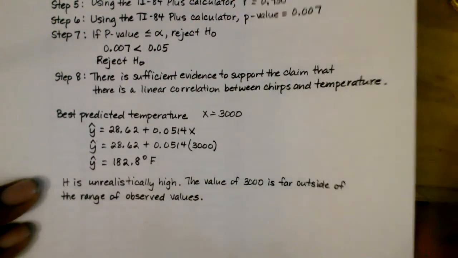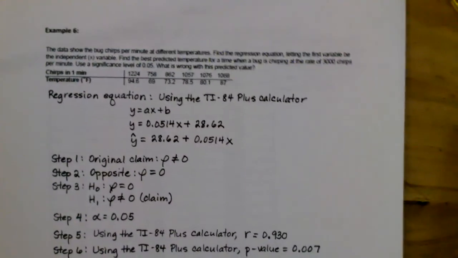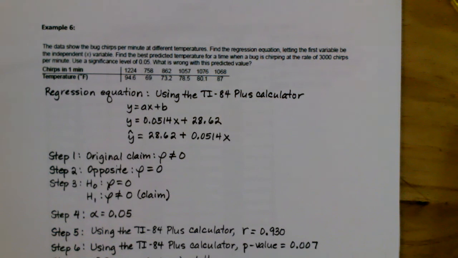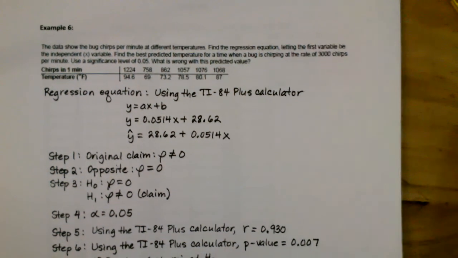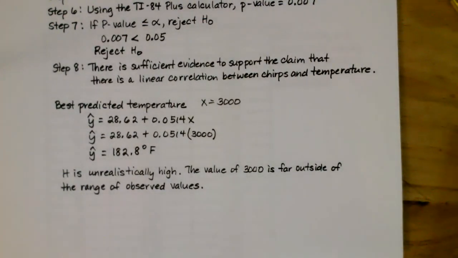Okay. Far outside. Because if you look at your data set, I'm going to bring this down just a bit. Notice that your data values, the smallest is 758, and the largest in this case is 1,224. So you can see here that 3,000 is way outside those observed values, and that temperature would be unrealistically high.